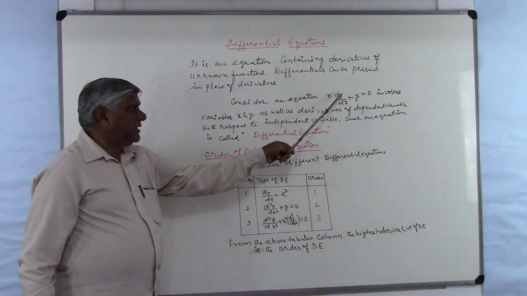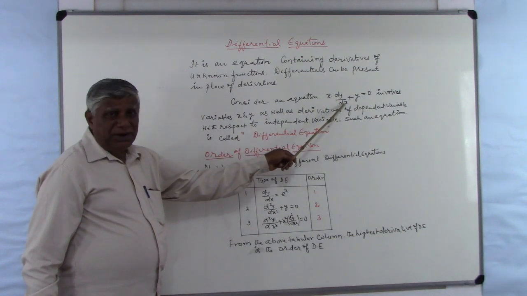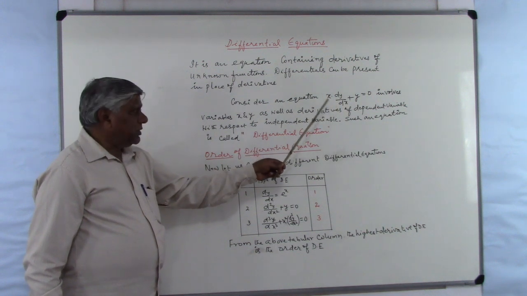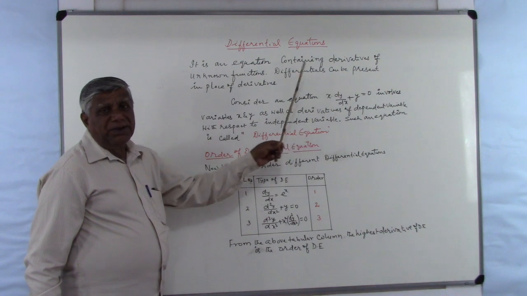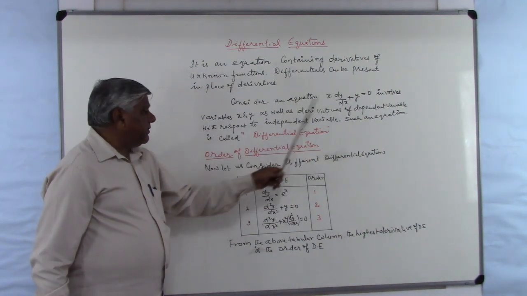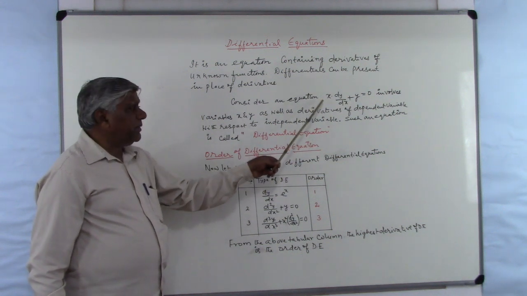So y is the dependent variable and x is the independent variable. As you give values to x, y will change. That is why x is called the independent variable and y the dependent variable. Such an equation is called a differential equation, and we have explained it here with an example.